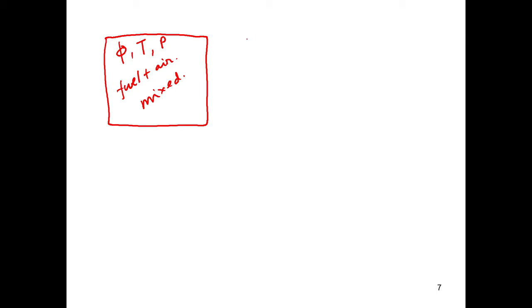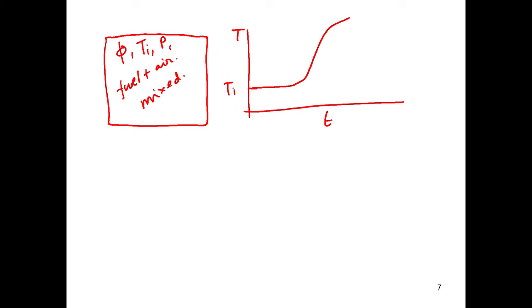Okay. So, ignition means its temperature will rise. So, if we plot the temperature versus time, you will see that if this was my initial temperature Ti and Pi, then the temperature will rapidly rise after some time.